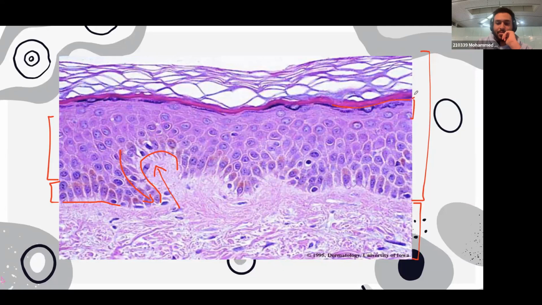This very thin one, you see this layer of keratin, lucidum. Then all of this is corneum. To repeat: basale, spinosum, granulosum, lucidum, and then one more, which is corneum.